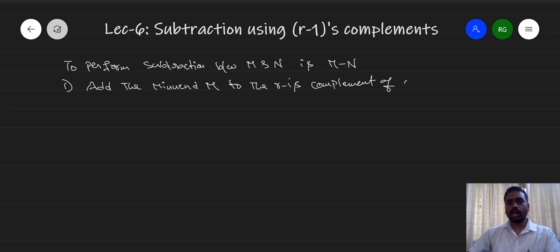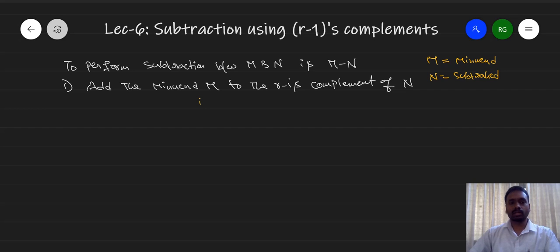If you want to perform subtraction between two numbers m and n, the m value is called the minuend, and n is called the subtrahend. Basically the subtrahend is the negative number, so we calculate the complement of the subtrahend and add it to m.